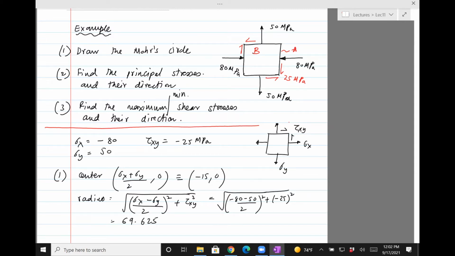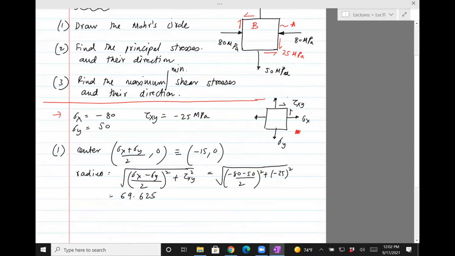Okay, so what I've drawn here is how we had defined our shear and normal stresses, so you can use this figure if you like to understand the signs going into these variables. Then we can find the center, which is simply sigma x plus sigma y divided by 2, which is minus 15, 0.